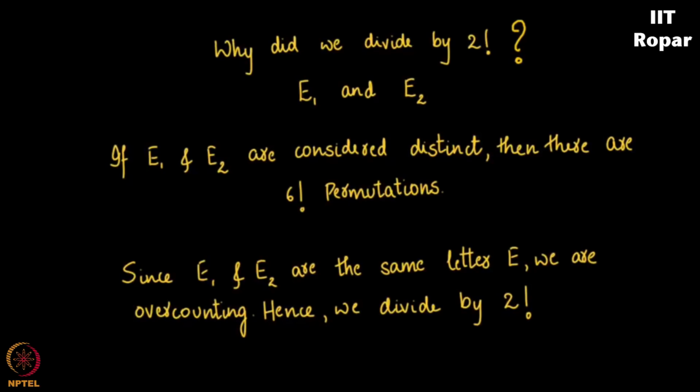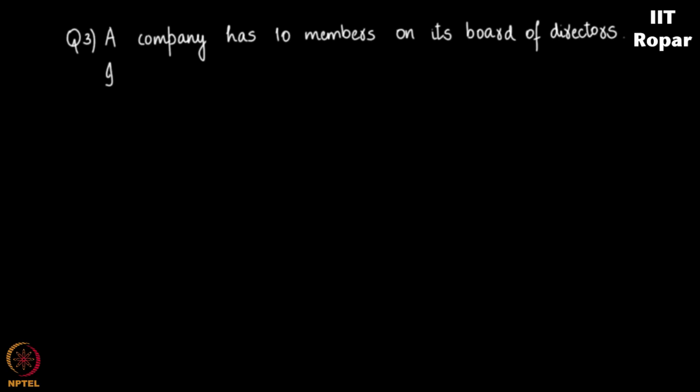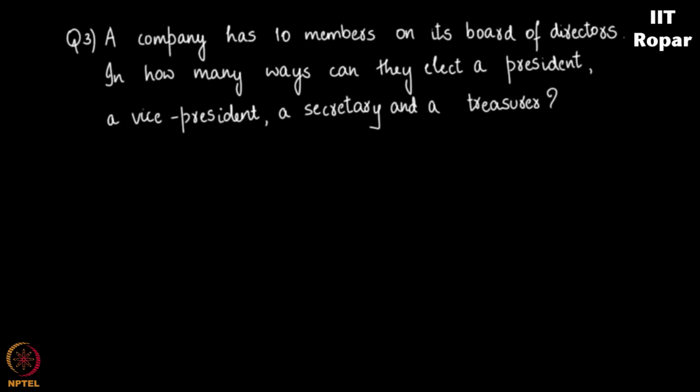The next question. A company has 10 members on its board of directors. In how many ways can it elect a president, a vice president, a secretary, and a treasurer? So this company has 10 members in its board of directors and 4 members are to be picked. So it's the same as asking the question of picking 4 out of 10.